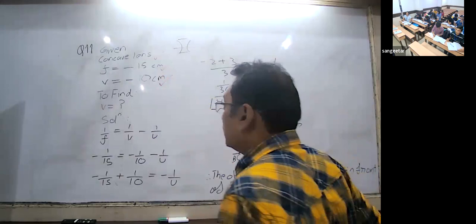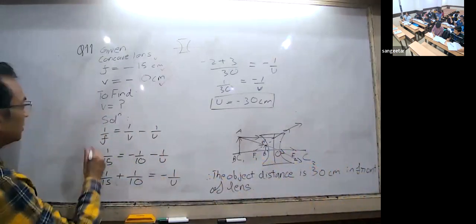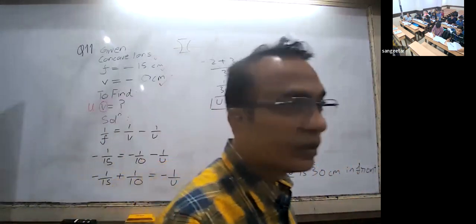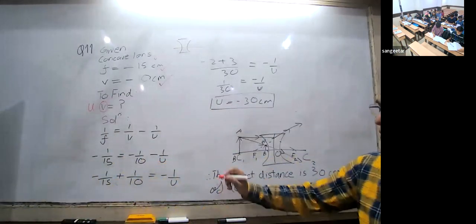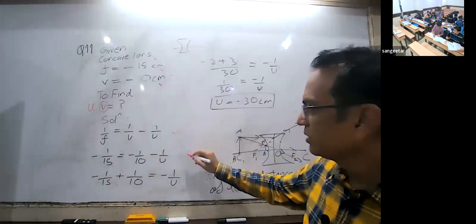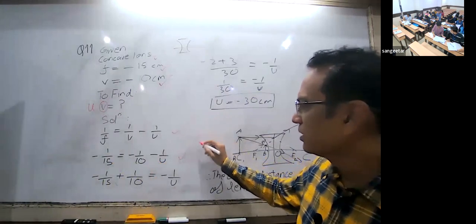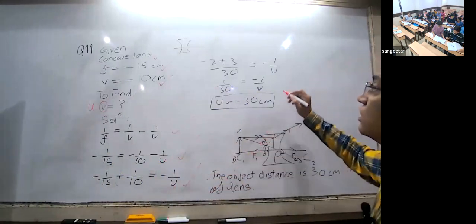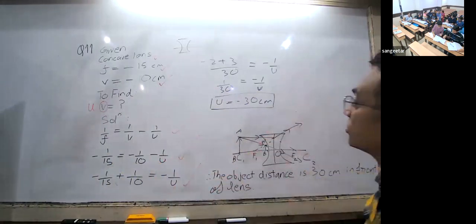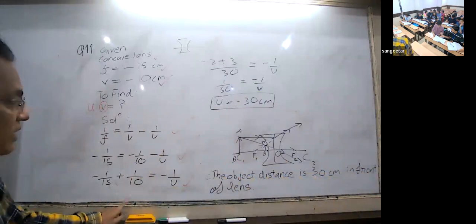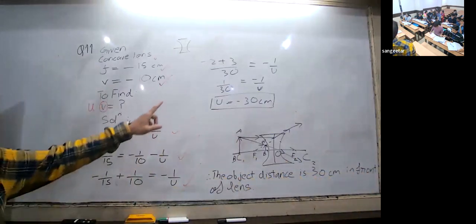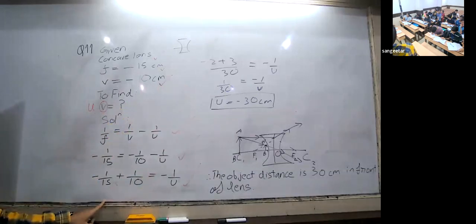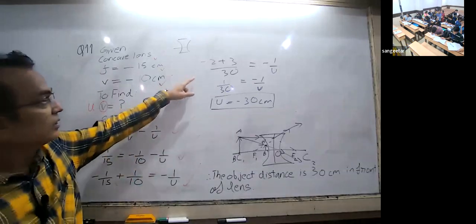Then the mistake he still left here is you have to find now U, not V. Okay? So then this is correct. Now what he has done is he has taken the LCM of 15 and 10, which is 30.